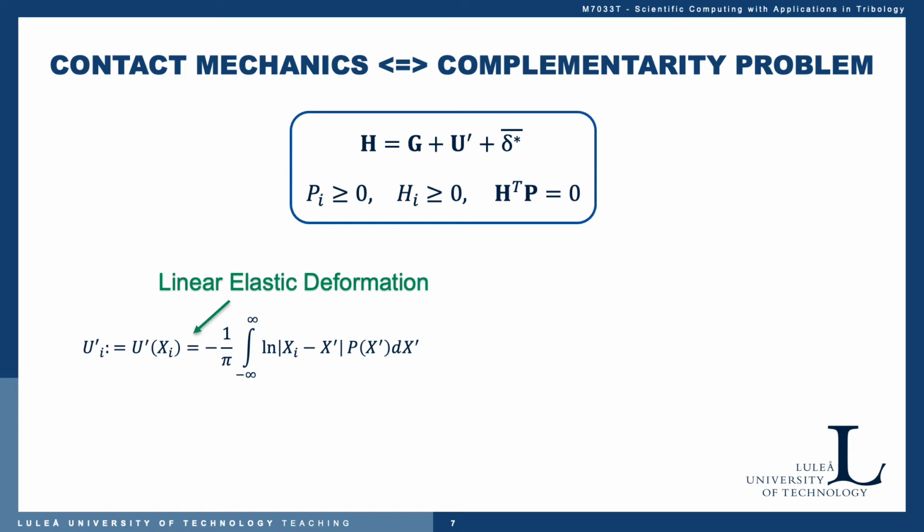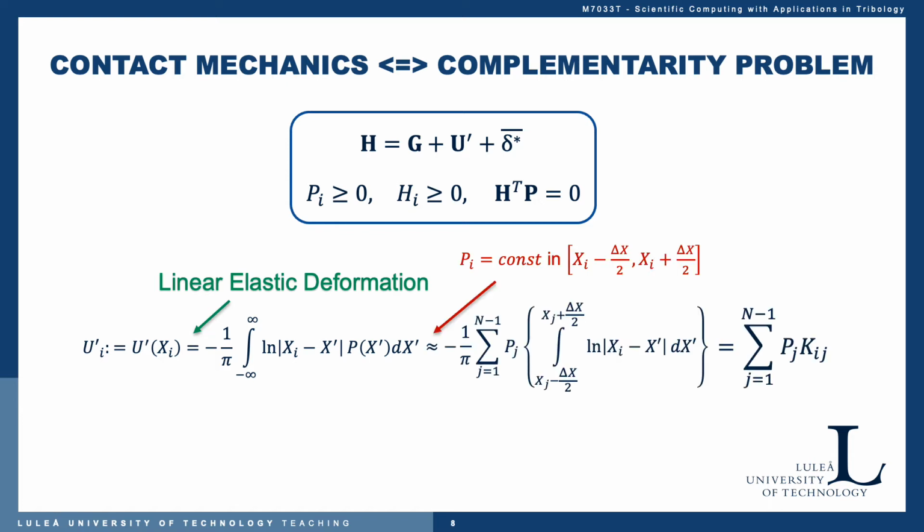It looks like this for a 2D contact, which renders a 1D problem. And we have the linear elastic deflection. And because we have the linear elastic deflection, we will also see that we have a linear complementarity problem in this case. But it only applies to the case when we have a linear elastic deflection.